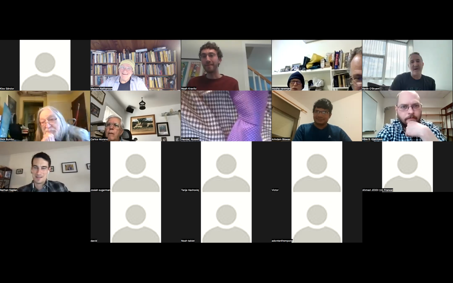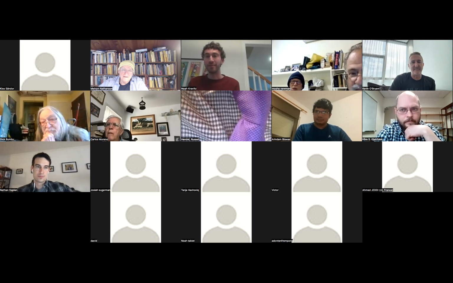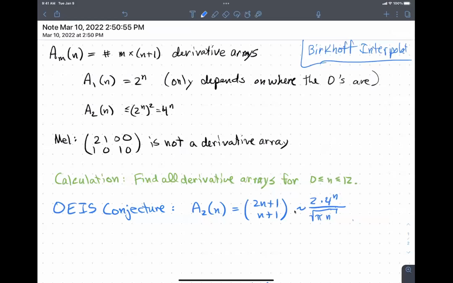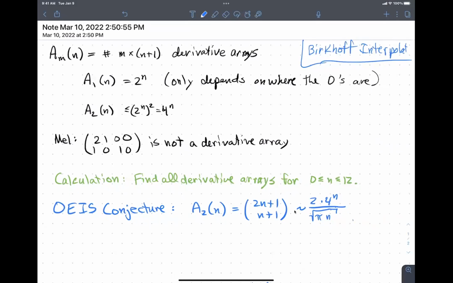Yeah. I had some computations to report that are in line with what we were just saying. Let me share my screen, right? So I was looking at the counting problem where you just fix M and N and ask how many of those are actually derivative arrays. And for one dimension, of course, it all depends on where the zeros are.